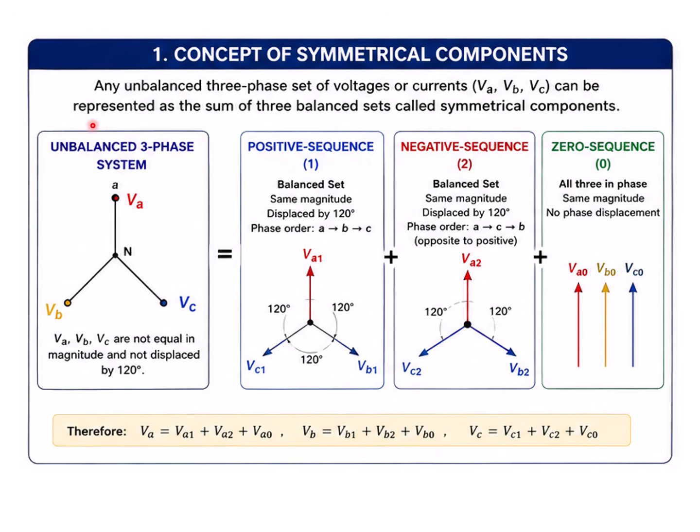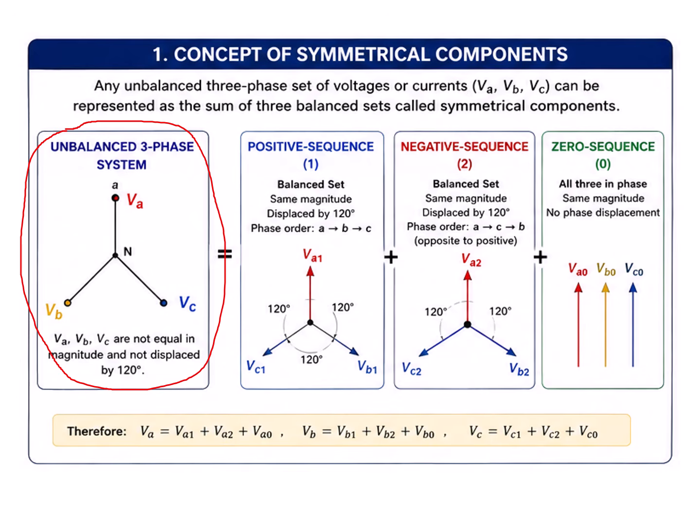For a balanced three-phase system, the voltage magnitude and the phase sequence are balanced. But when the system is subjected to an unbalanced disturbance, there will be unbalanced voltage and current in the power system.